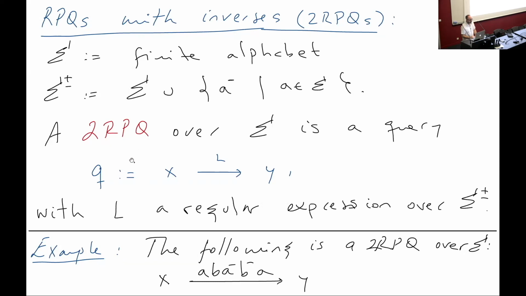So a two-way regular path query, a 2RPQ over sigma, is a regular path query over this extended alphabet. That's it. So we have inverses. So for instance, we can say find all pairs that are linked by a path labeled A B A minus B minus A.